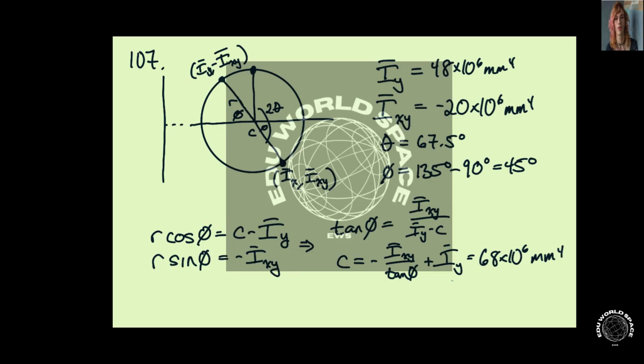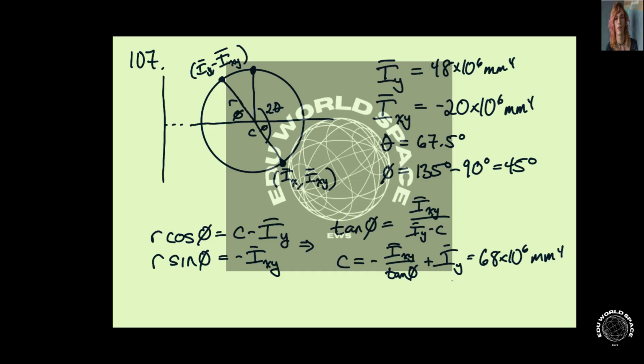And so we can figure out that the tangent of phi is this ratio, and we can then find c, and it turns out that c is 68 times 10 to the 6th millimeters to the 4th.